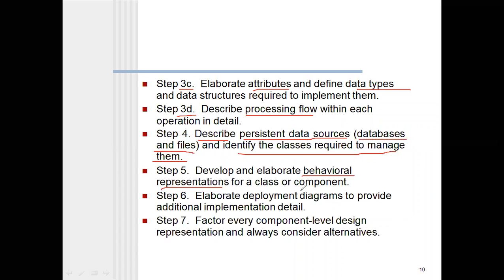Not only a user, it may be a technical person or a developer, anybody. How those persons are going to interact with that particular system, we can represent by using use case diagrams, the behavior of a human being with the system, or one component with another component, like that.